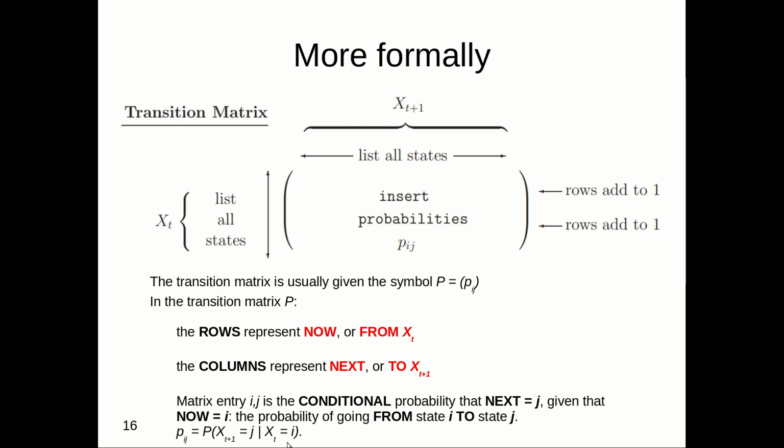Or you can also state that differently: it is the conditional probability of going from state i to state j. So P_ij, an entry in this matrix, is the conditional probability of being in state j at time t+1 when we were in state i at time t.